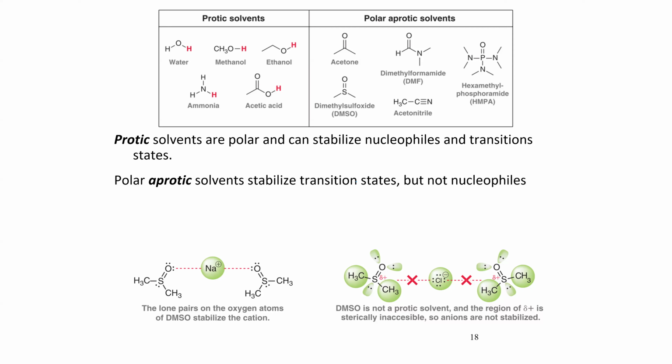The middle ground is what we want for the most part. Polar aprotic solvents. Like acetone. DMSO. Dimethyl sulfoxide looks a lot like acetone, except you replace the carbon with a sulfur in the middle. Acetonitrile, dimethylformamide. These structures don't matter that much, as long as you know that they're polar aprotic solvents.